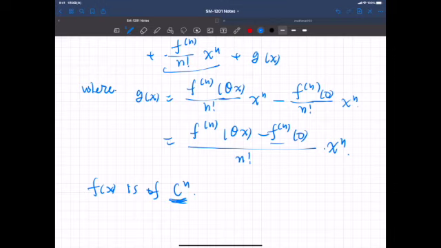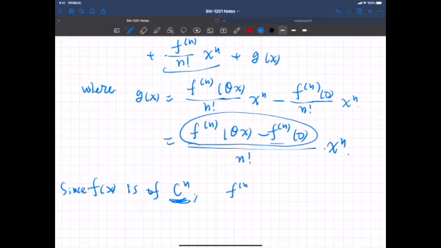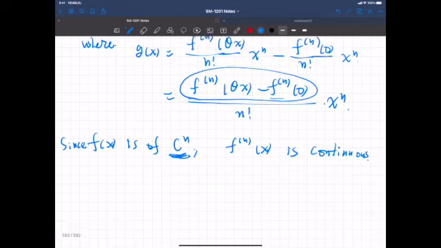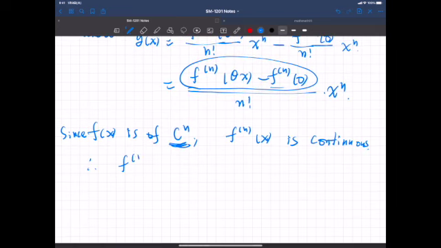So this means this numerator, since f^n of x is continuous, f^n of theta x minus f^n of 0 converges to 0 as x approaches 0.